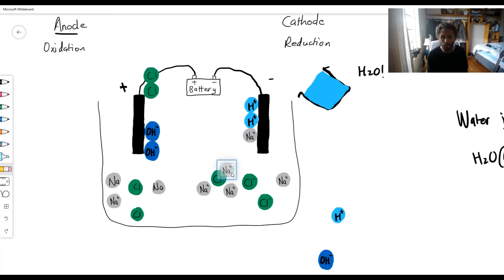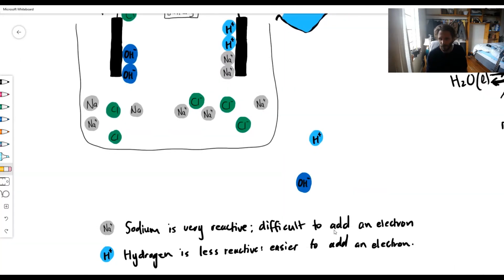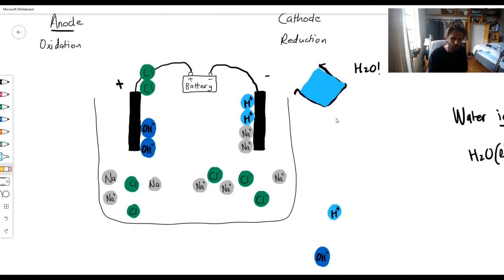Now, we know sodium is an incredibly reactive substance. So what normally happens here, and I've written this out at the bottom of this drawing, sodium is very reactive. It's difficult to add an electron to sodium. In other words, remember the electrons are coming out of this battery. Here's an electron, it's coming out of this battery.